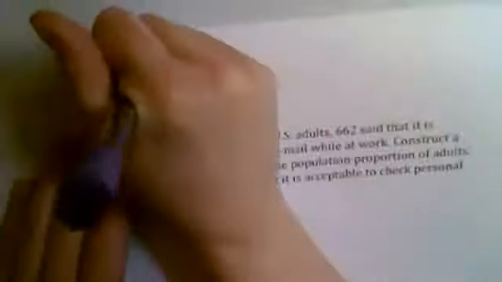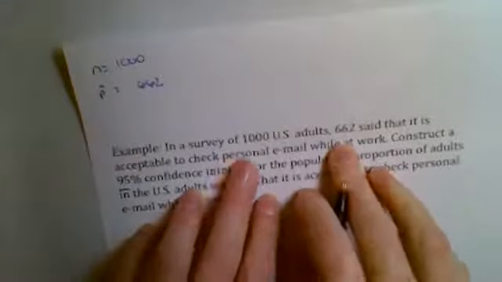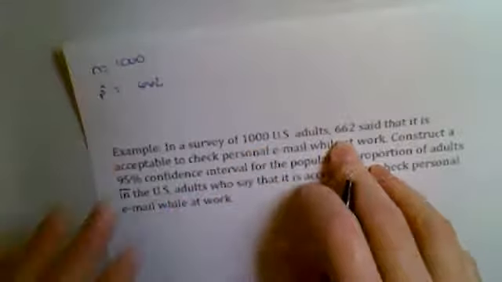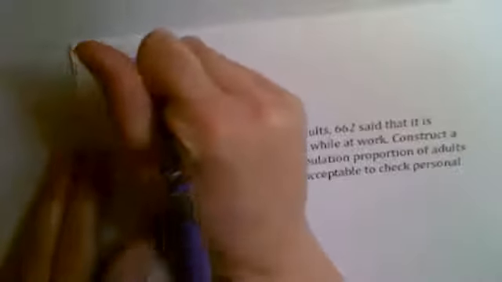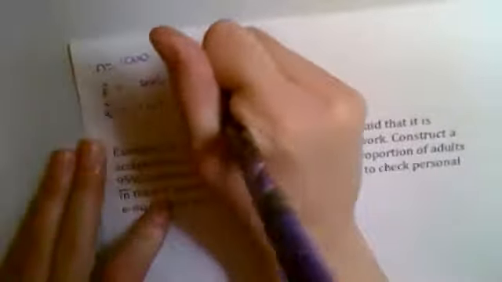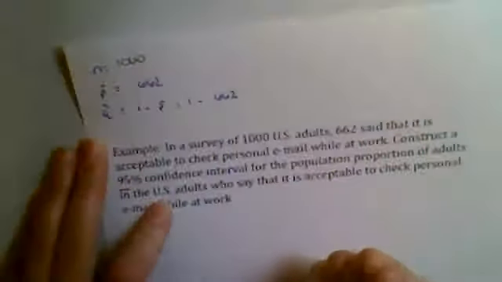We're constructing a 95% confidence interval. Okay, so as we mentioned before, N was 1,000. P hat we found was 0.662. And remember, we found that by doing 662 divided by 1,000. We're going to find our Q hat. And remember, to find Q hat, you're going to do 1 minus P hat, which is 1 minus 0.662. And that was going to give me 0.338.